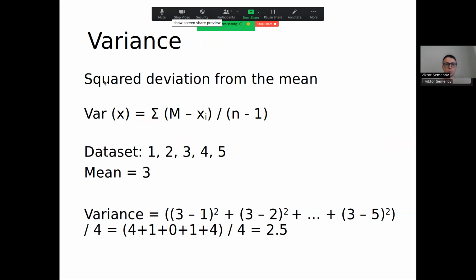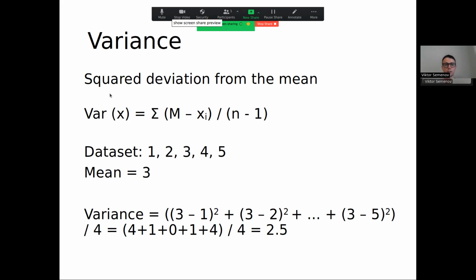So variance is a squared deviation from the mean. Variance for value x will be calculated as the sum of differences between each observation and the mean, squared. So we need to square this difference and divide it by the number of observations minus 1.